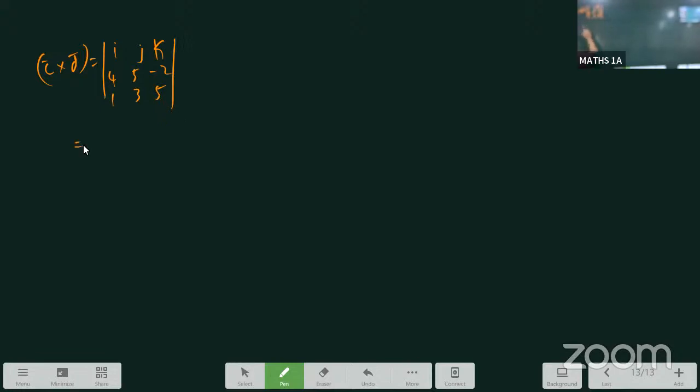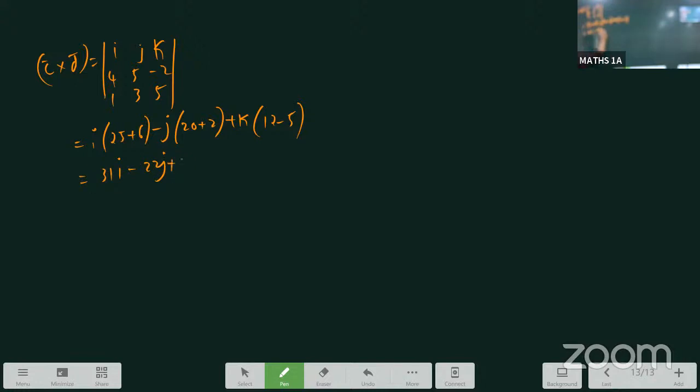That is equal to i into 25 plus 6, minus j into 20 plus 2, plus k into 12 minus 5. That is nothing but C bar cross D bar, that is 31i minus 22j plus 7k.